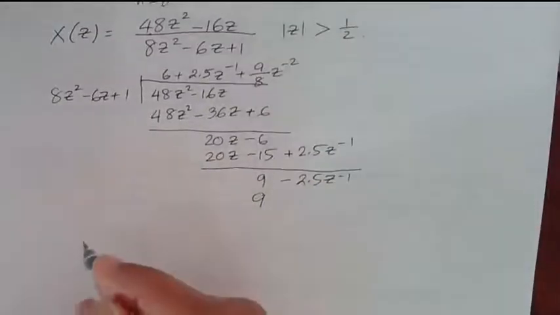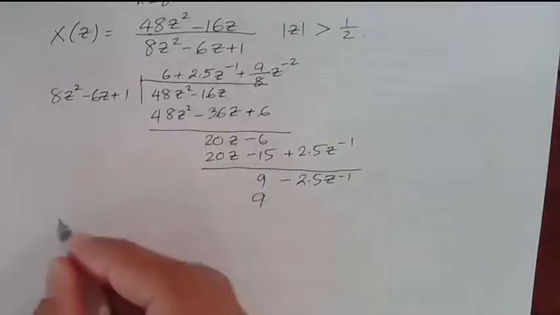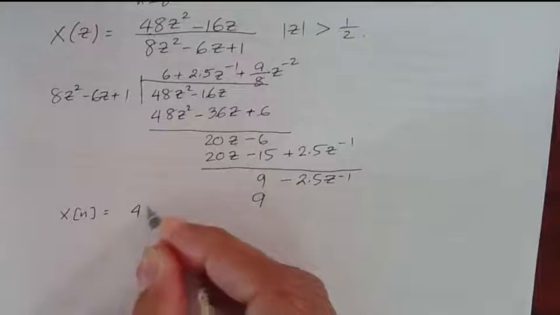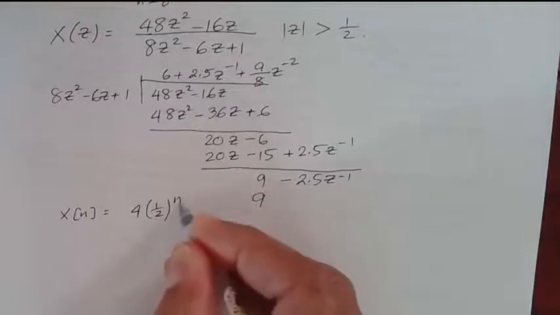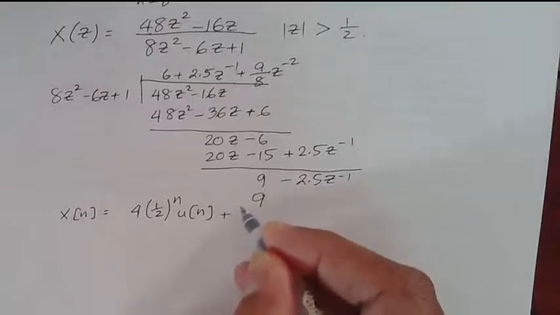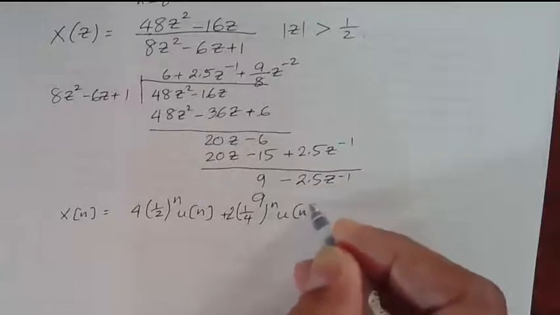Well, if you go back to what we had, we'd found that x of n was equal to 4 times 1/2 to the n, u of n, plus 2 times 1/4 to the n, u of n. Right?